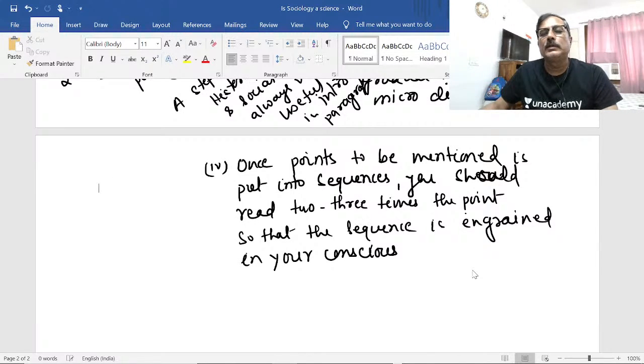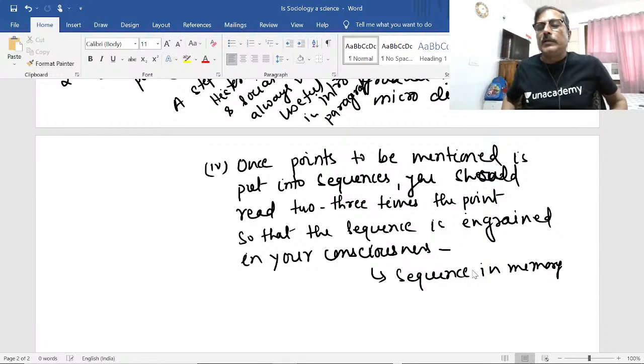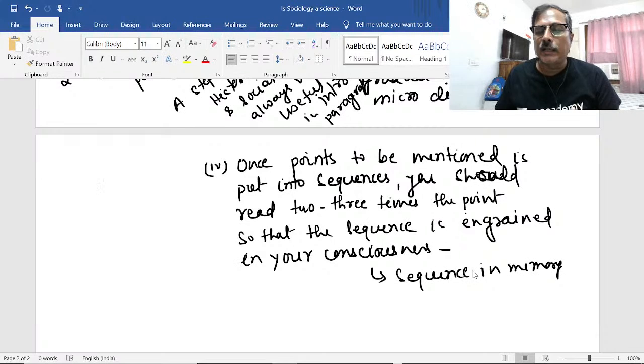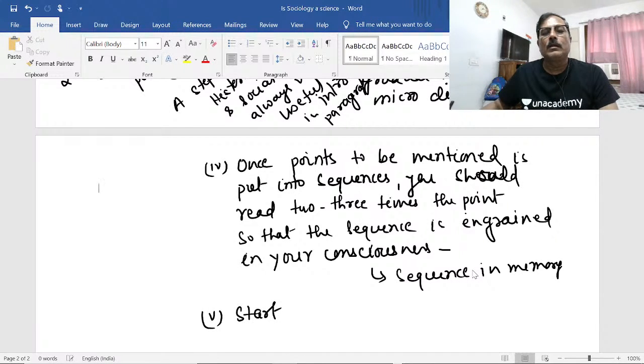In simple words, that sequence should be in your memory. That doesn't mean you have to mug up the things. You read the order of the sequence two to three times, and naturally, automatically, it will be ingrained in your mind and memory. Then once you start writing, you will not generally miss any point, right? So once you are done with this, then start writing.